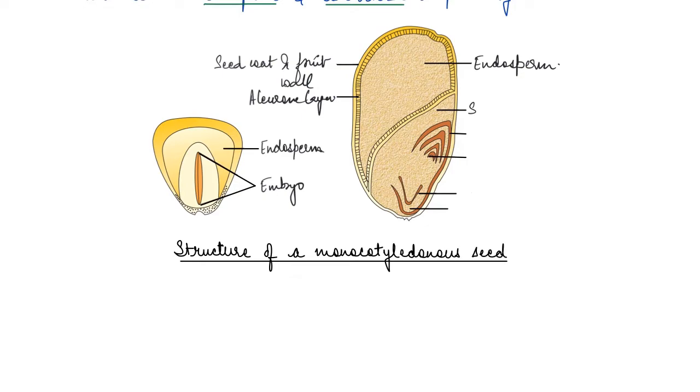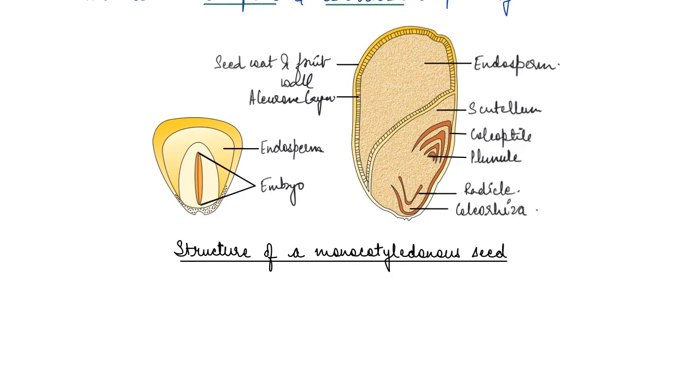Then is the cotyledon, which is known as scutellum, then we have the plumule, and the plumule is enclosed in the sheath coleoptile. And then we have the radicle, and the radicle is enclosed in the sheath coleorhiza. Okay, so this is the detailed structure of a monocot seed.